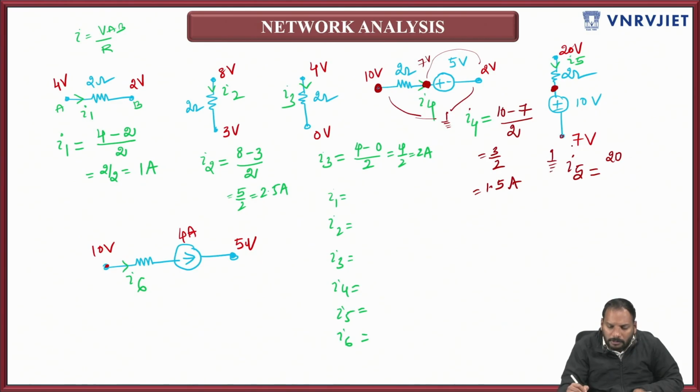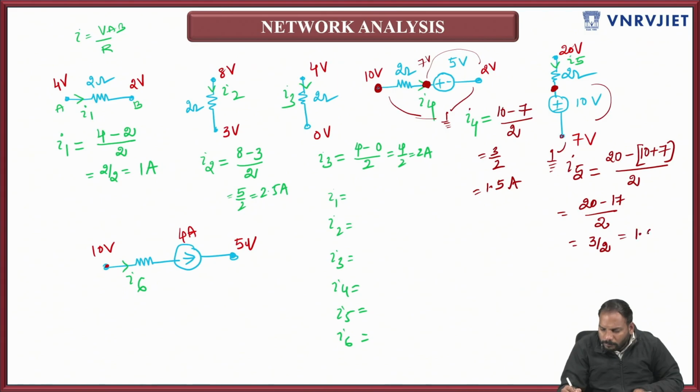With respect to ground you have 10, and along with this, from here to here you have 7. So the total is 10 plus 7, and I5 is 20 minus 17 divided by 2, since the resistor value is 2. That means once again it is 3 by 2, so the answer is 1.5 amperes.